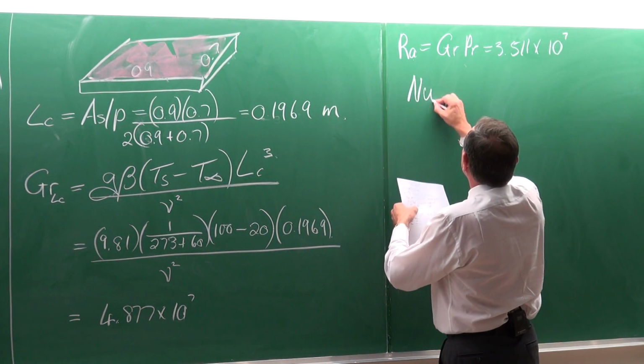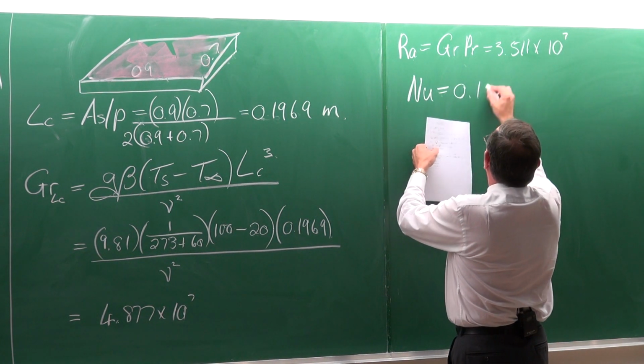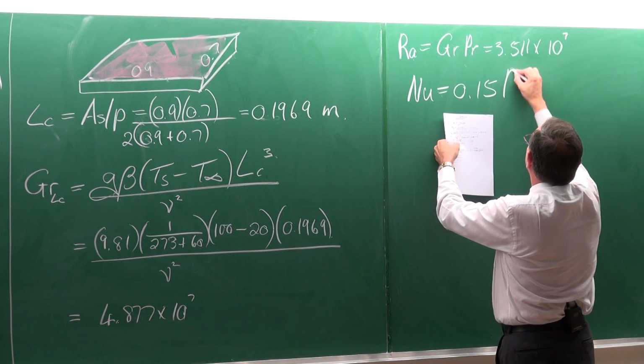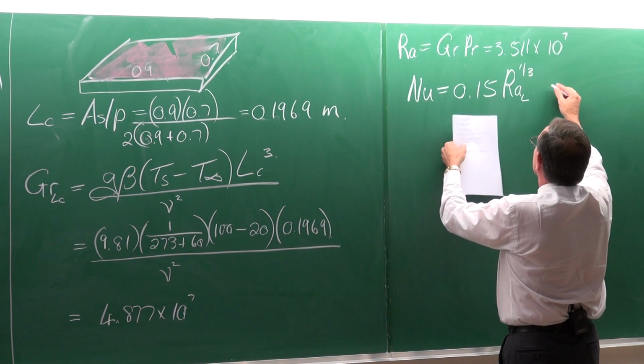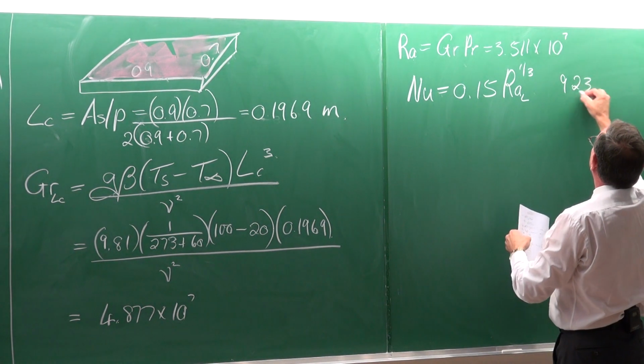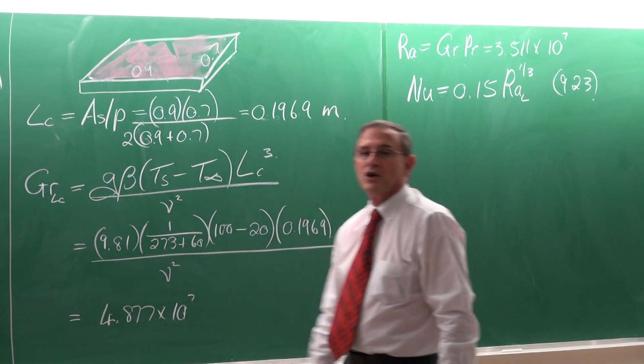Therefore, if we look at that, then the Nusselt number should be equal to 0.15 Rayleigh to the third. That is equation 9.23. You agree?